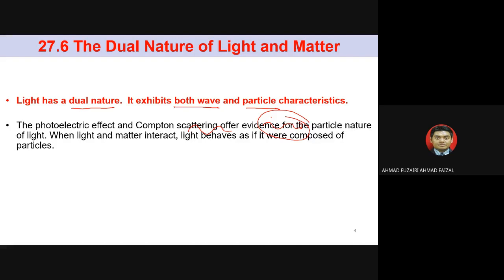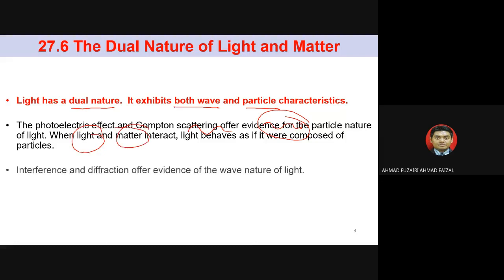The photoelectric effect and the Compton scattering offer evidence for the particle nature of light. When light and matter interact, light behaves as if it were composed of particles. Interference and diffraction offer evidence of the wave nature of light. Remember, before this we already learned about interference and diffraction.